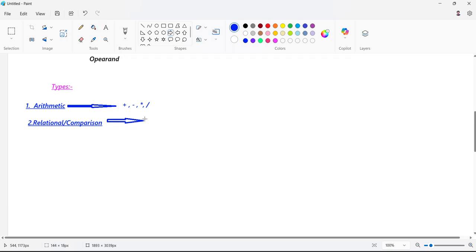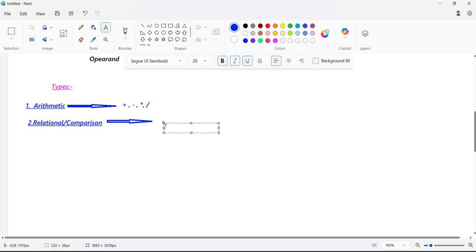In relational operator we can take examples like greater than, less than, greater than equal to, less than equal to.